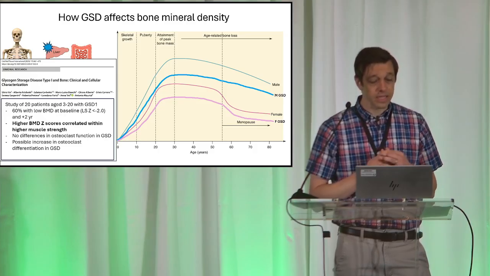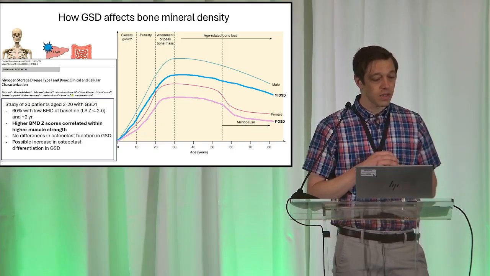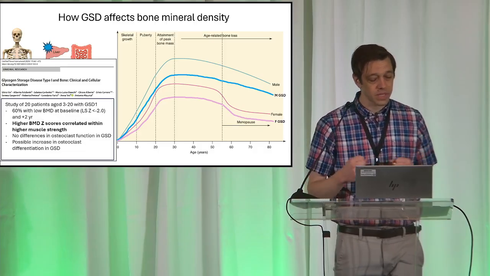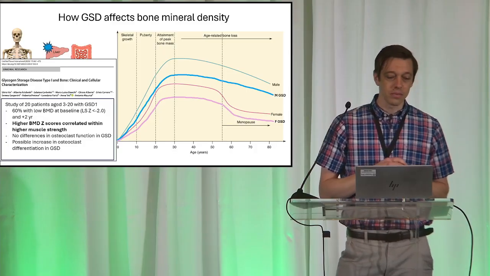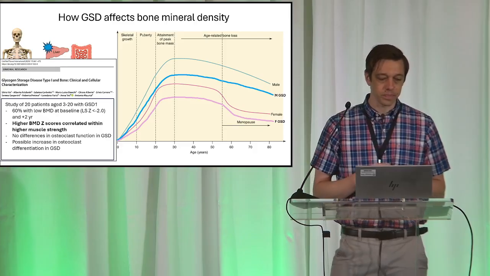And what they found is that the individuals with higher bone mineral density scores actually also had higher muscle strength. So again, a protective factor of having more physical activity, more muscle strength, protecting bone.